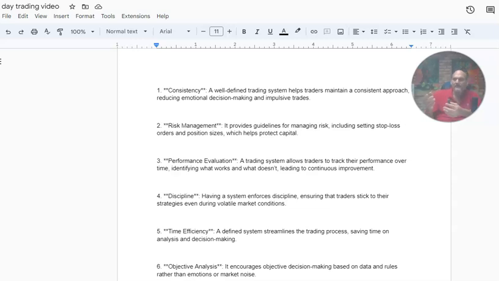We're going to be talking about how to determine whether a market is in a range or trending up or down, and you should have an adjustment to your trading system for these types of markets.